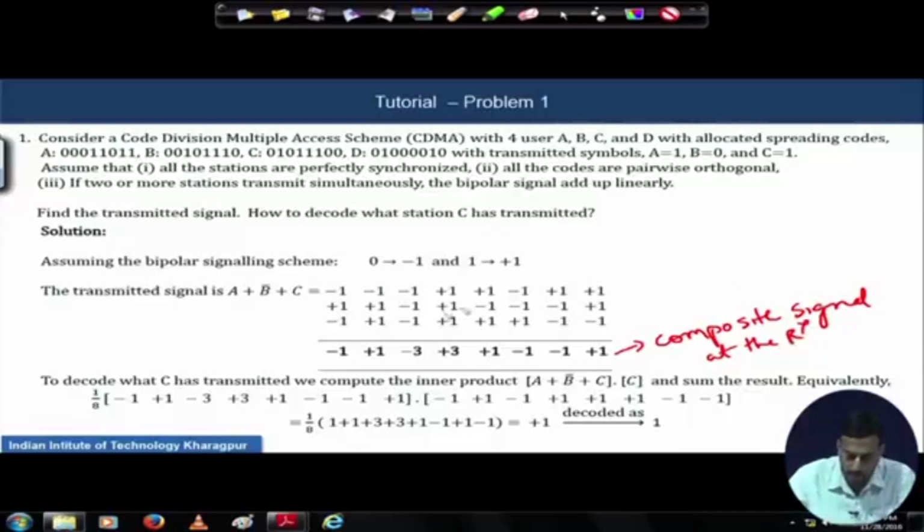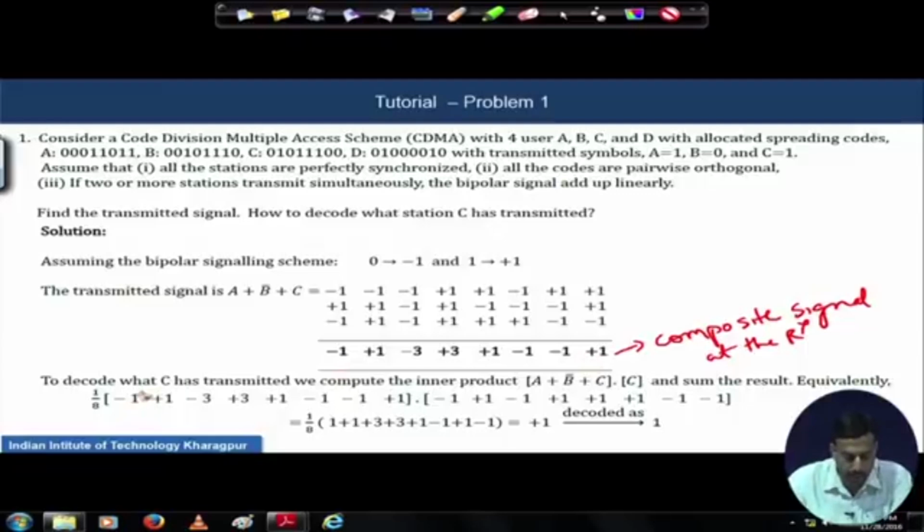So now we assume that the signal has been received as it is and noise has not corrupted the signal. Normally we usually assume that there is going to be some kind of additive white Gaussian noise, but in this case we neglect the additive white Gaussian noise, or for that matter any interference, and we assume that the composite signal is received as it is.